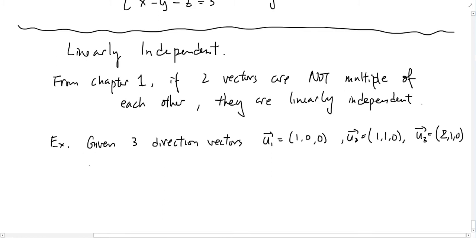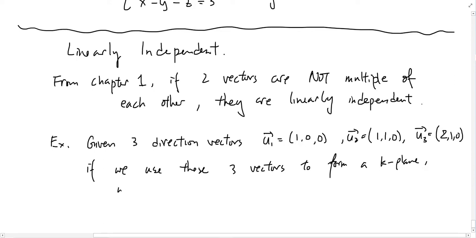Now, if you think about it, if we use these three vectors to form a k-plane, what is this k-plane going to be?